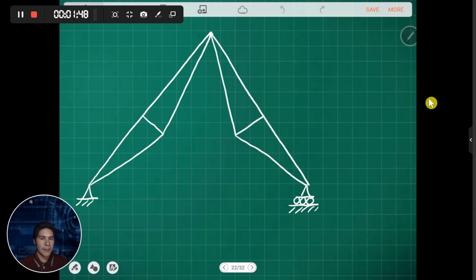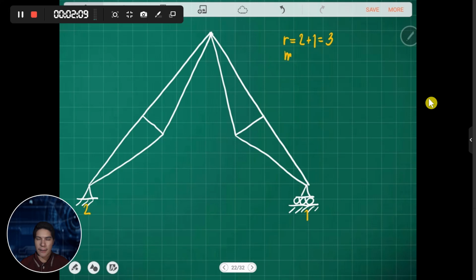So again, we just need to count. So we have the number of reactions. For the reactions, we have 2 for the hinge and 1 for the roller. So a total of 3 reactions.